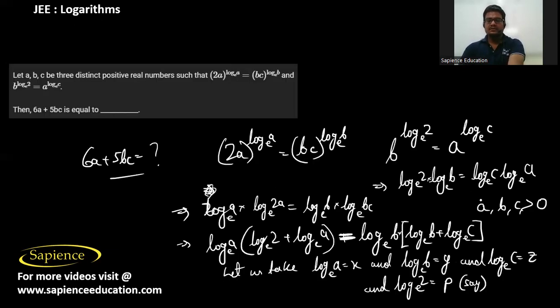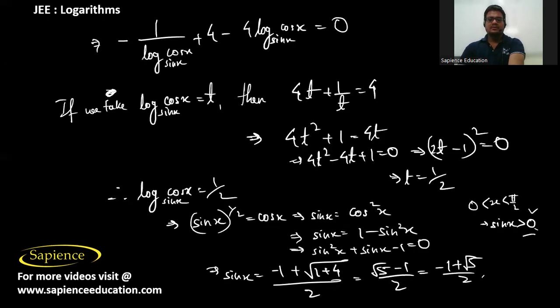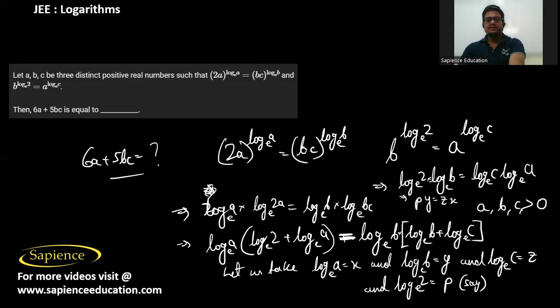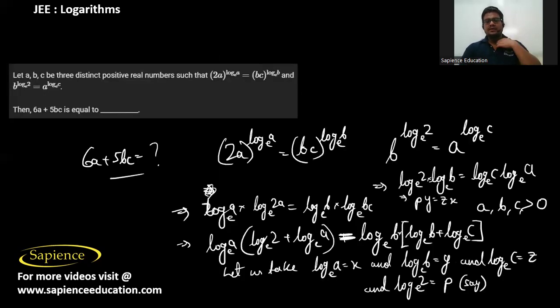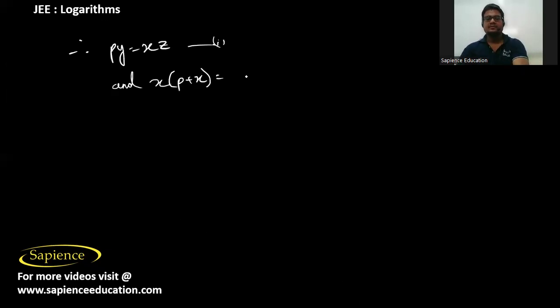So then we have got that this is p into y, that is equal to z into x. So from here we get py is equal to xz. This is one equation, and from here we get x into p plus x, that is equal to y into y plus z.